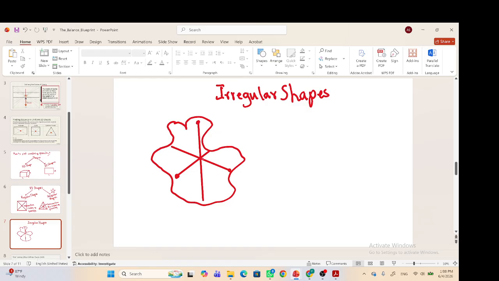Finally those three lines will cross each other. This point is called what? The intersection of three lines. The intersection of the three lines is exactly the center of gravity of this object.